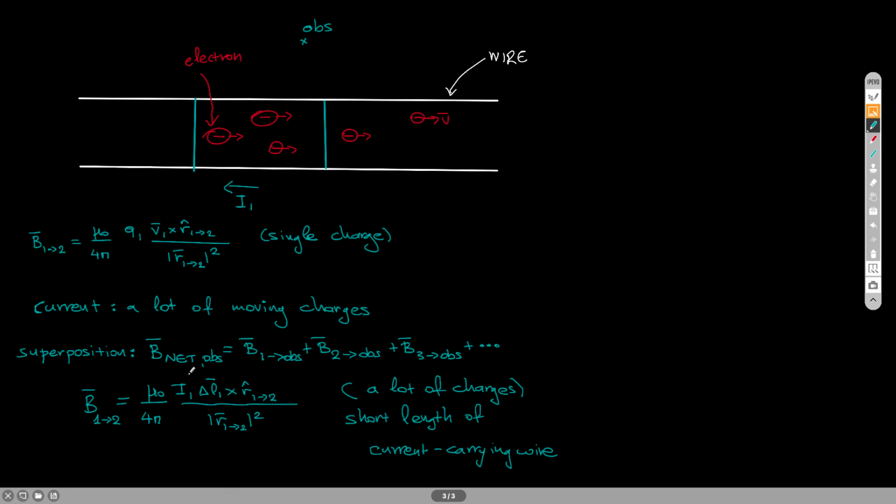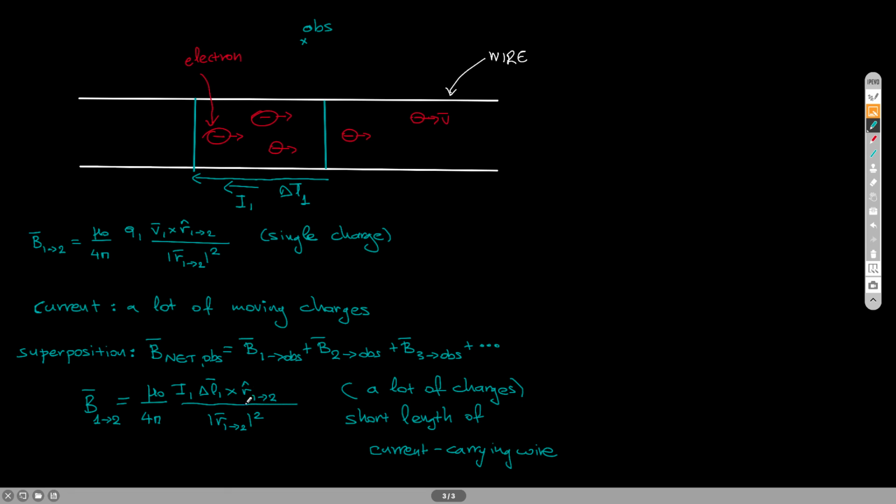It's a number. I'm just using the number for the conventional current. Delta L1 will be the vector that points in the same direction as the conventional current, and it has a length equal to the length of your piece, the small piece that you're looking at. It's a short length of a current carrying wire. That's why I'm using the symbol delta. So make sure that you use a short piece of wire.